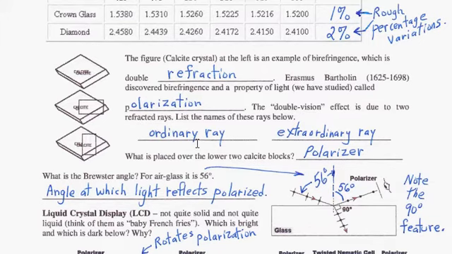So the ordinary ray would be the ray that you get if you simply have one refraction, like usually is the case. That's called the ordinary ray, and then because of the double vision, this is called the extraordinary ray. And when a polarizer is placed over it, you can rotate it and get one of the images or the other in terms of the double vision.